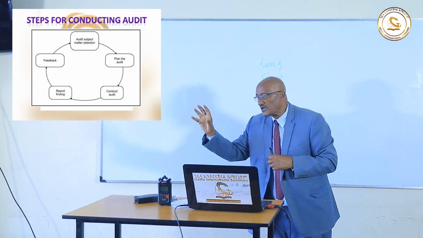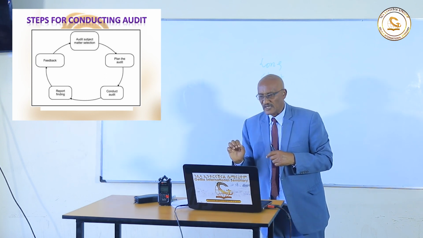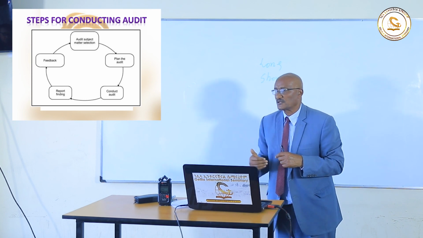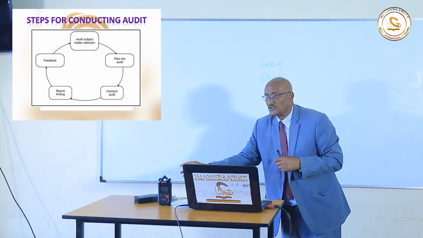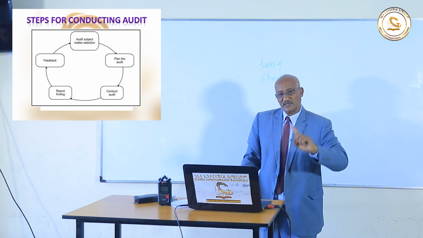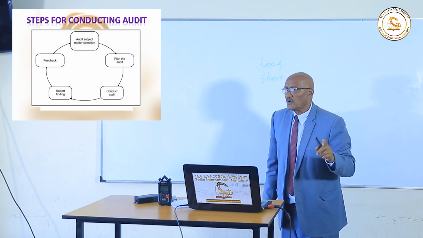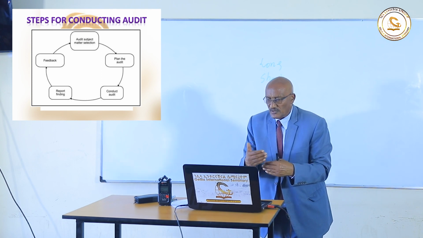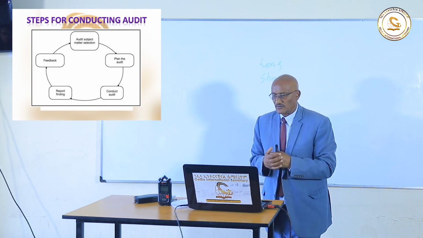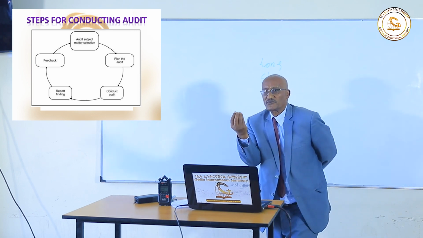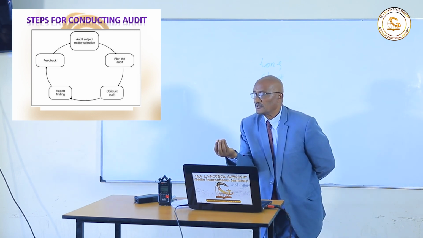Which area are you going to cover in your auditing? Third point is conduct the audit, implement the auditing practices, measure the actual practices on the ground against your plan. Another point is report sending or report finding. What is the finding of your audit?